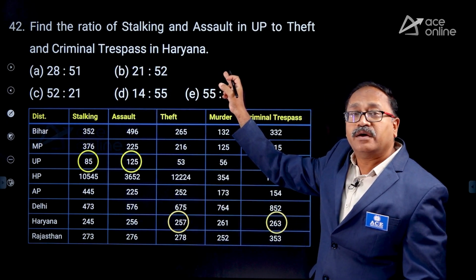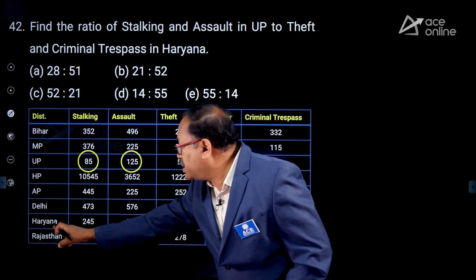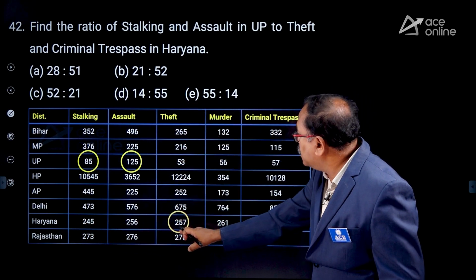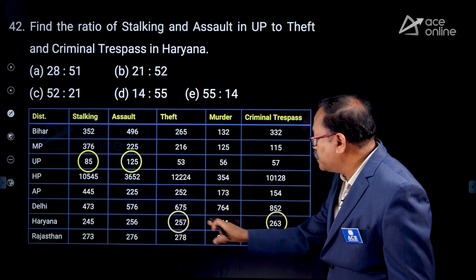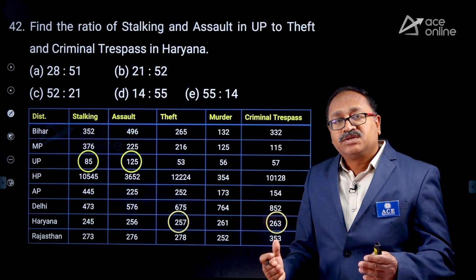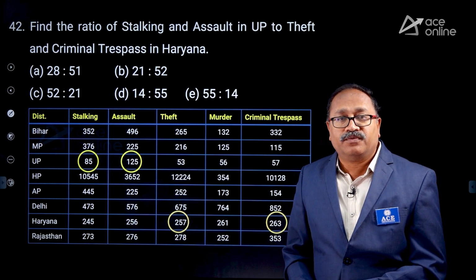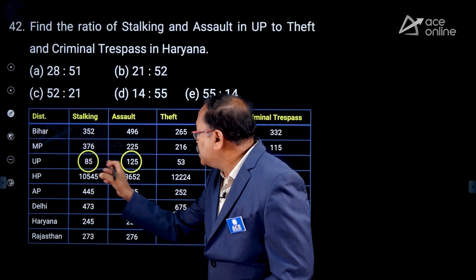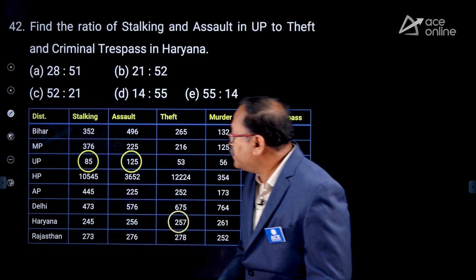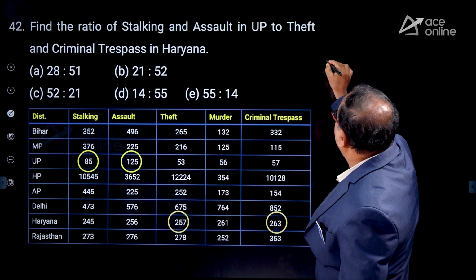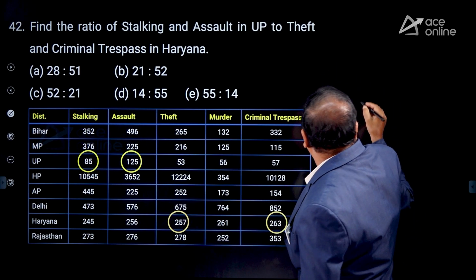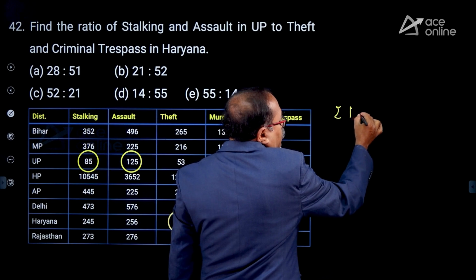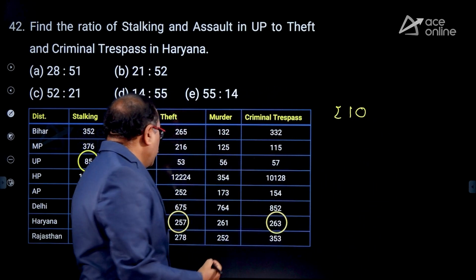We simply have to get the ratio of these two. That's a simple question. So add this one, 85 plus 125, which comes to 210. So take 210 over here.